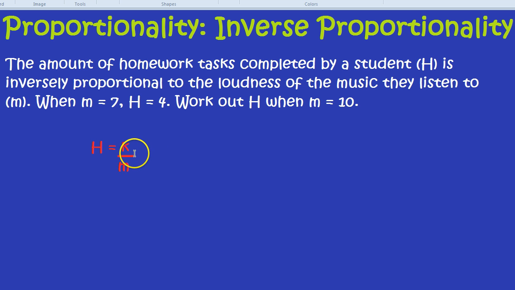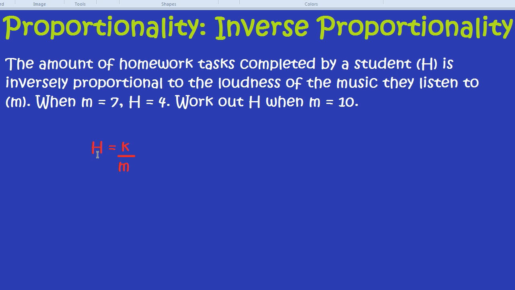Notice how we don't know yet what K is, and we're going to need to use the numbers to work out what K is. As M increases, H will get smaller and smaller and smaller, wouldn't it? Like 1 over 2 is fairly big, but then 1 over a million is very, very small. So as M increases, H gets smaller and smaller and smaller.